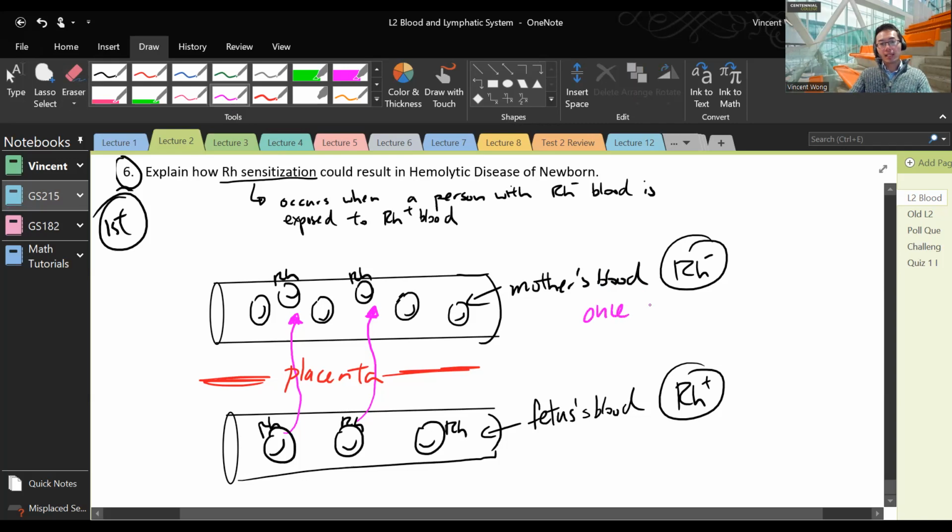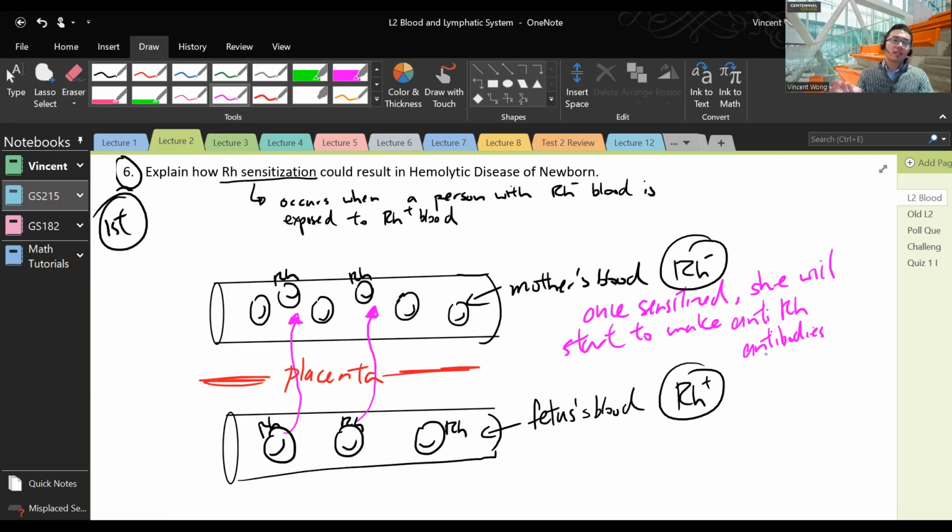Once sensitized, she will start to make anti-Rh antibodies. I mentioned this in the lecture in more detail, but briefly, the ABO blood group is different.